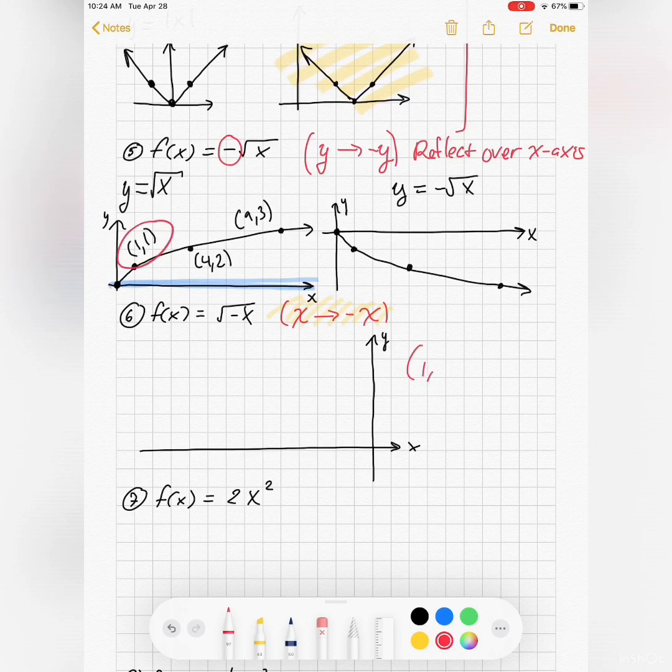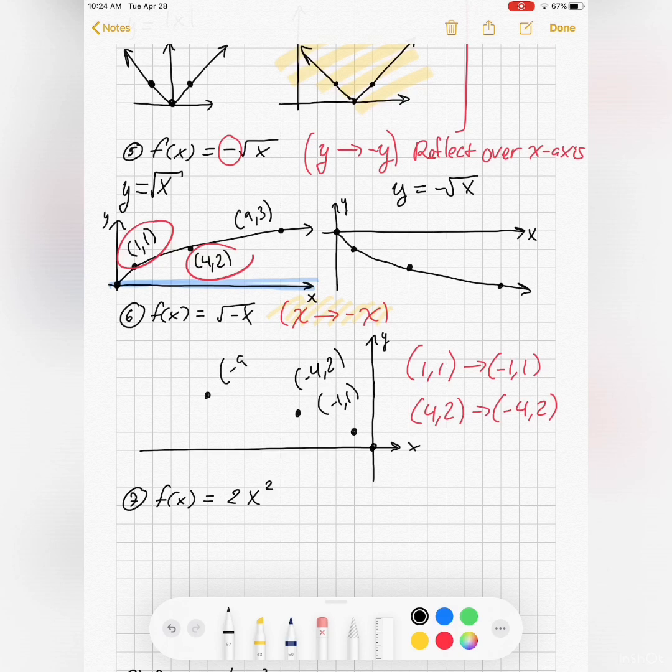So now if I take 1, 1, I make the x negative. Now that point is at negative 1, 1. Take 4, 2. Make the x negative. Okay. 1, 2, 3, 4. Negative 4, 2. Negative 9, 3.